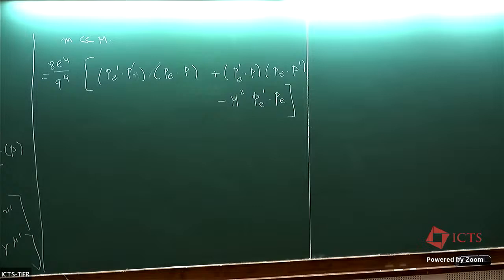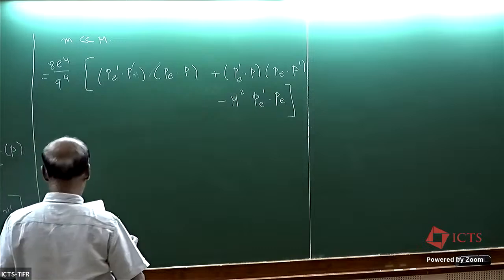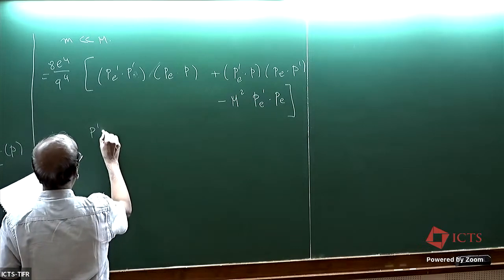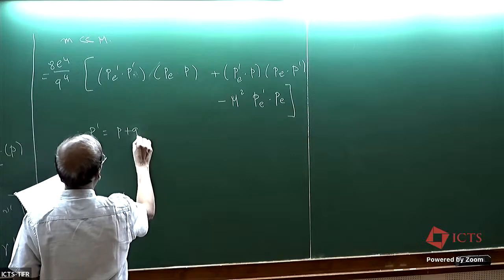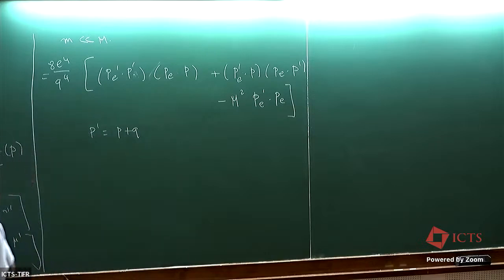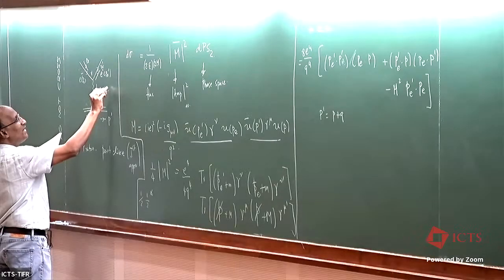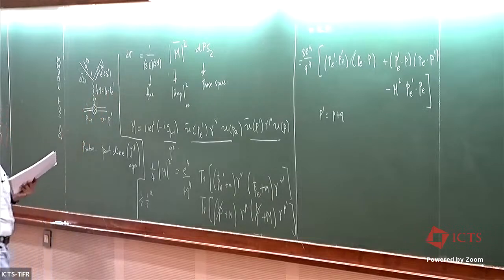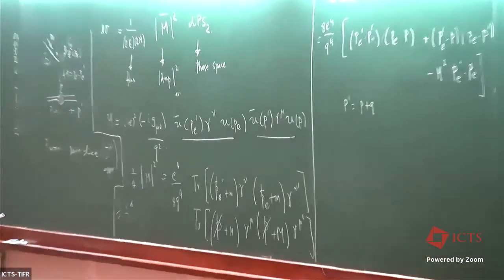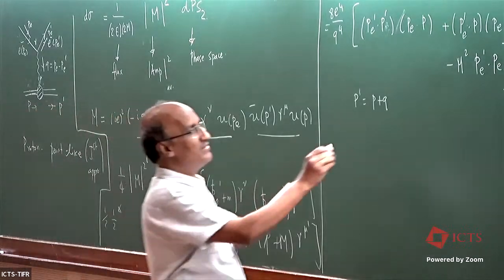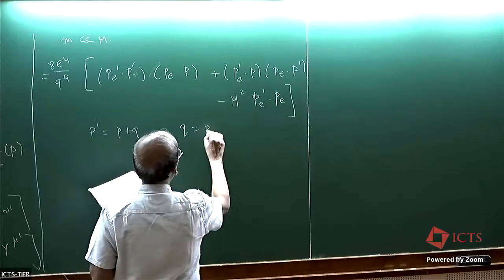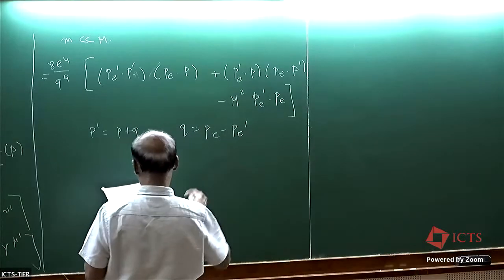So for all practical purposes, I can ignore that mass. We also have this, and I did not write what Q was. The Q is simply this momentum flowing here, which is P_e minus P_e prime.